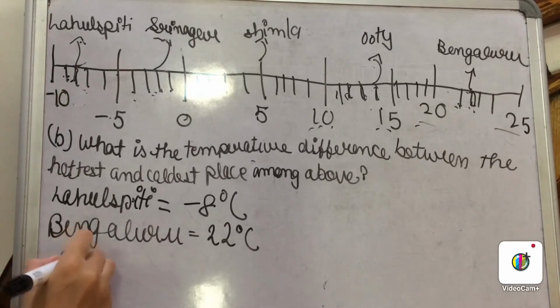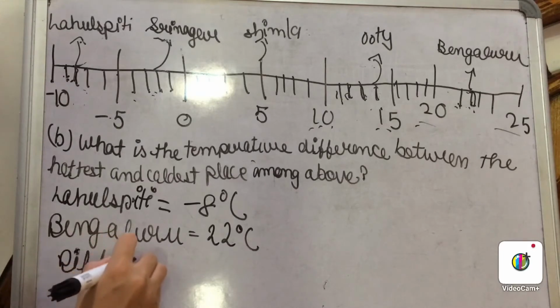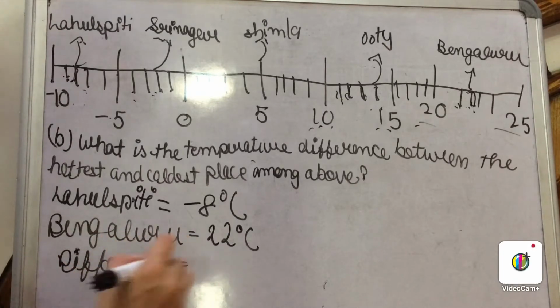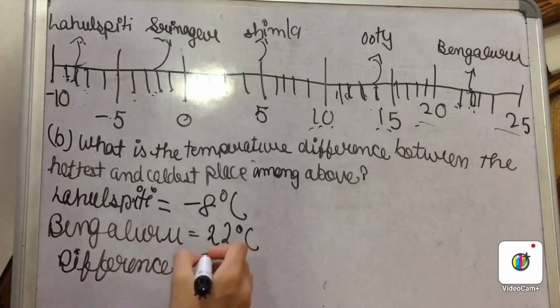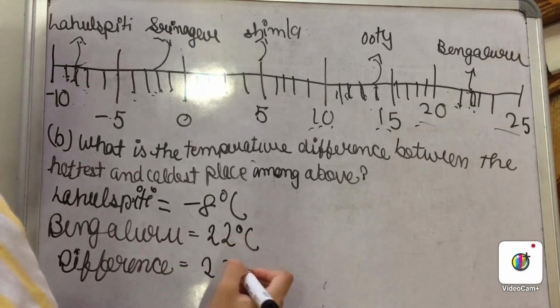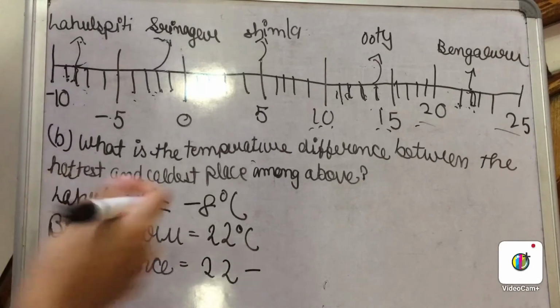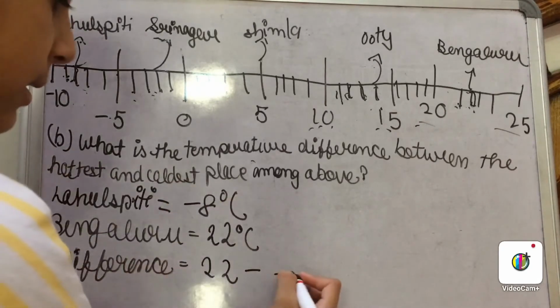We will write here difference because we have to find the difference. If we want to find the difference, then we will firstly write the bigger number: 22 degrees Celsius minus -8 degrees Celsius.